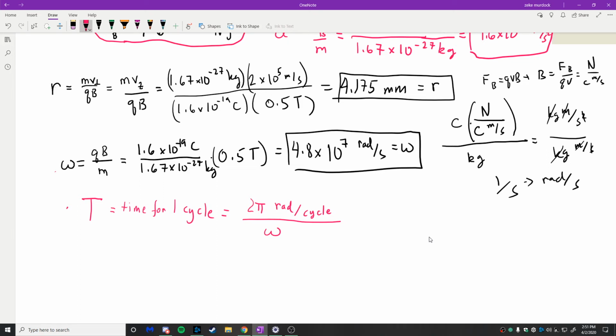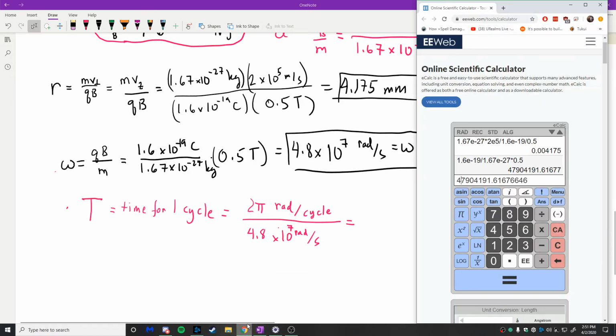Because omega has units. I'll write it out. It's 4.8 times 10 to the 7 radians per second. You can see how it works out, right? This gives you seconds per cycle. This ends up giving you whatever the answer is. Let's see. Oh, 2 pi over 10 to the 7. My bad.